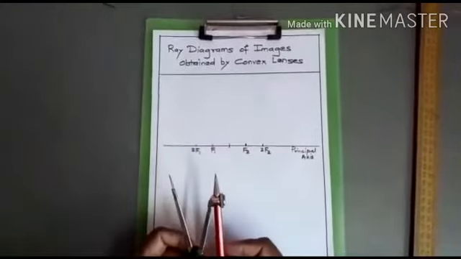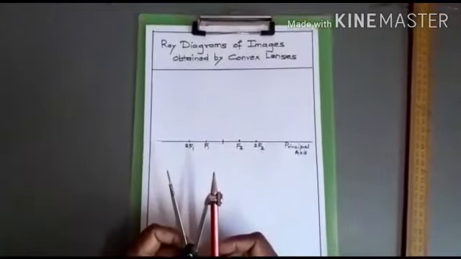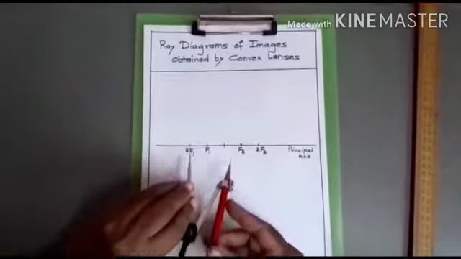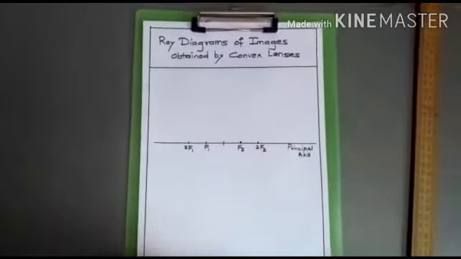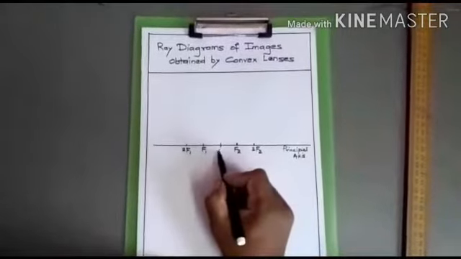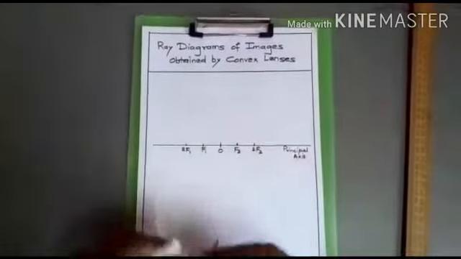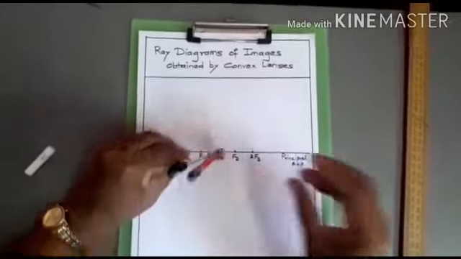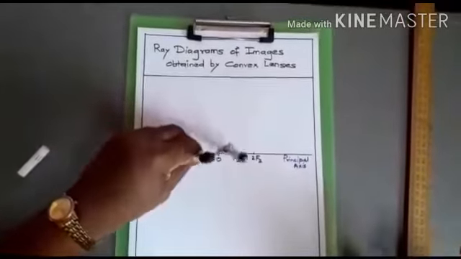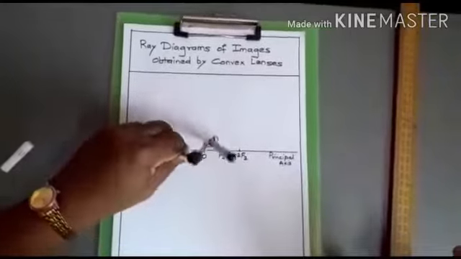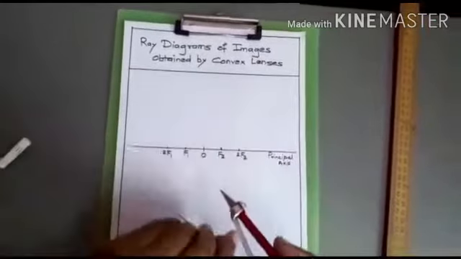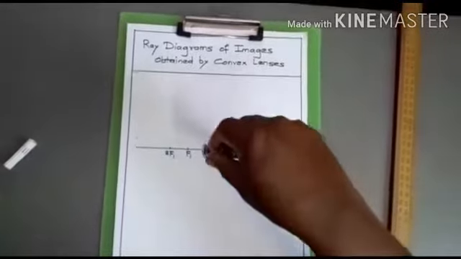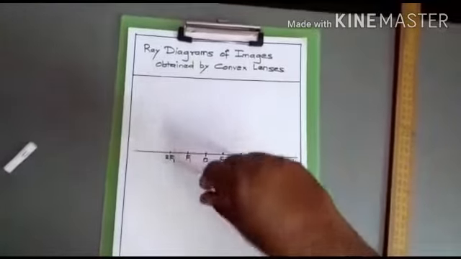Use a compass to draw the two arcs of the convex lens. Use the same distance in the compass to draw the other curve.